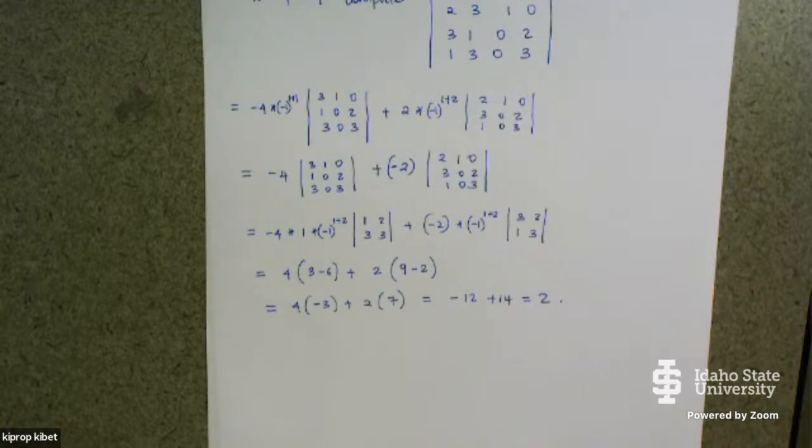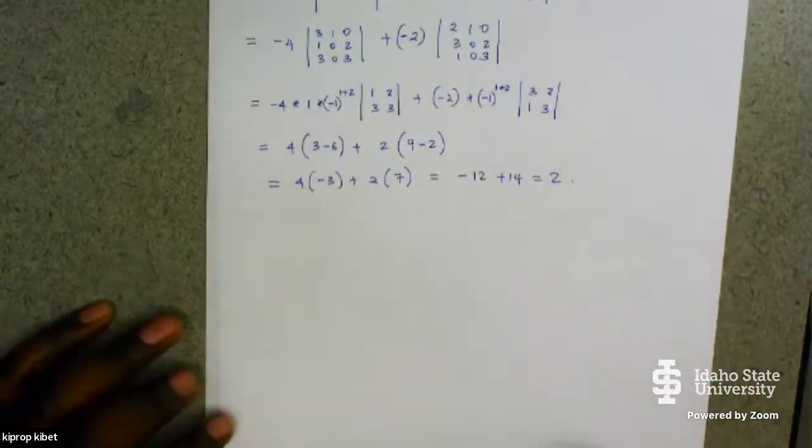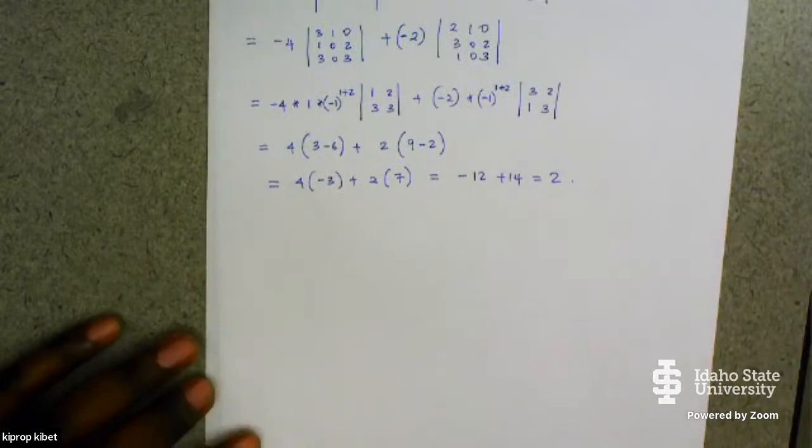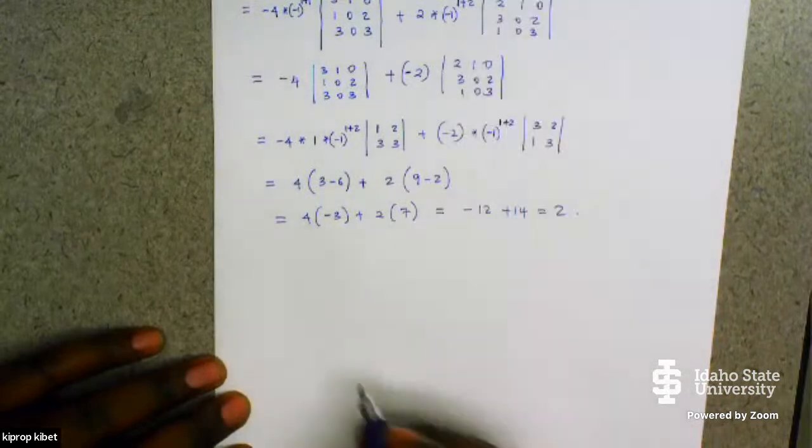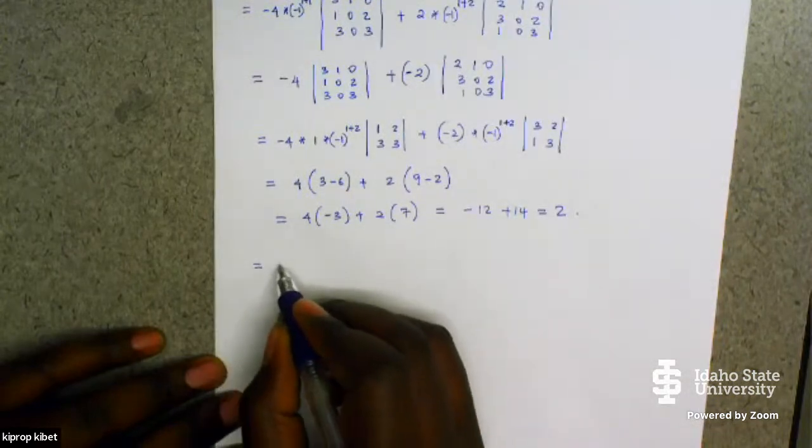Okay, let's use that. Maybe you went wrong somewhere. That's what I did, and then I got the wrong answer too. So let's see. There is somewhere you guys went wrong.